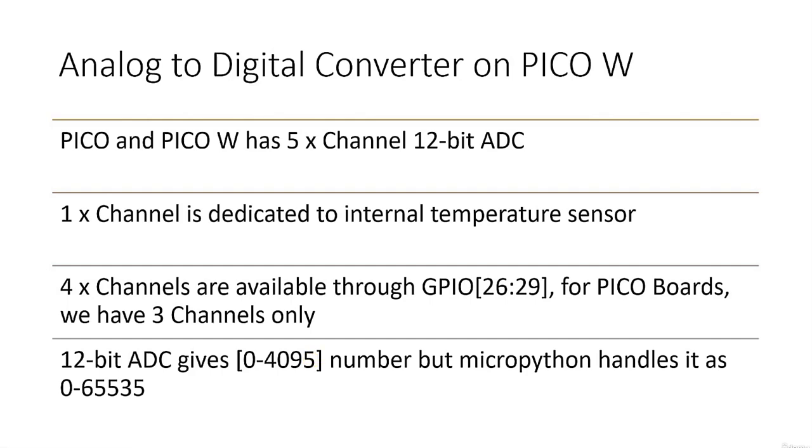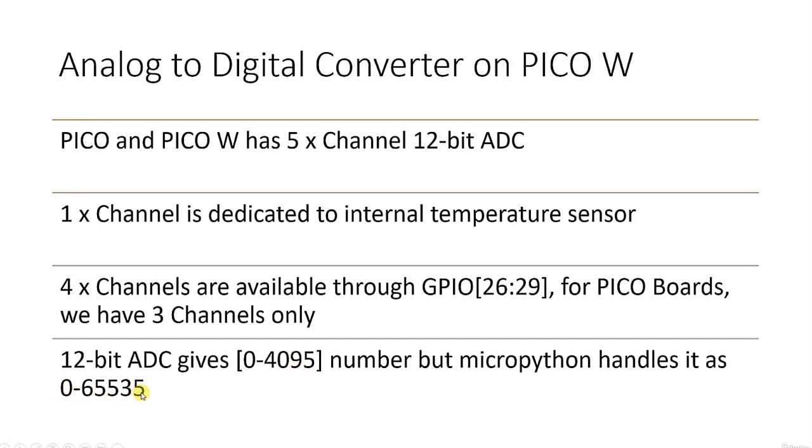Now, this is particularly confusing and it may confuse you a lot. But in order to keep the standard of MicroPython as it is, in the MicroPython SDK for Raspberry Pi Pico, the ADC analog output value is scaled to 0 to 65,535.